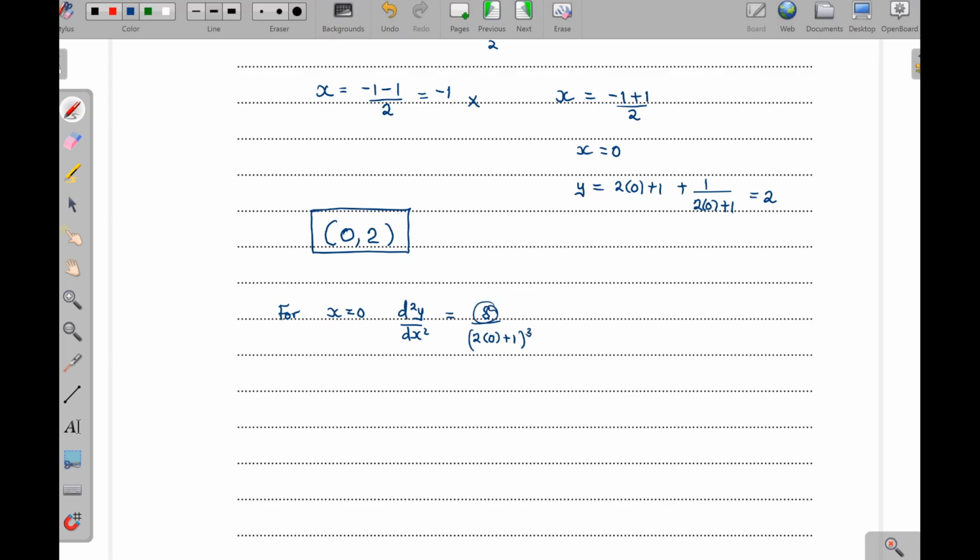Of course, it will be 8 divided by 1, because 1 cubed is 1, and then you get 8. This 8 you have gotten is a positive value, which is greater than 0. That means the stationary point is going to be minimum. So we just say hence minimum, as simple as that.